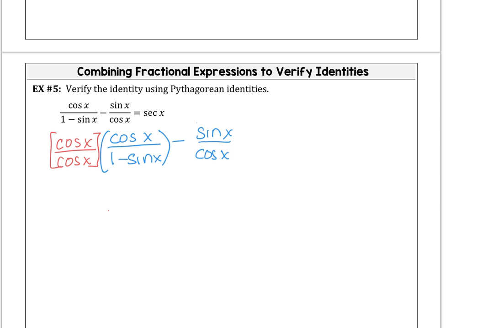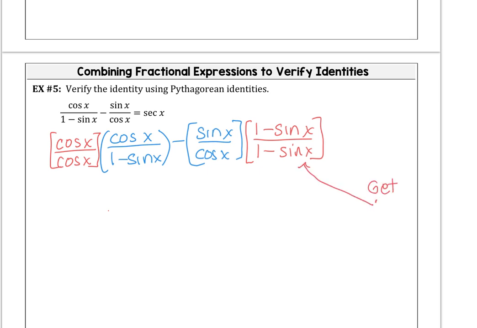So we want to multiply this fraction by the other denominator, which is 1 minus sine divided by 1 minus sine. So this is how we're getting that common denominator. And I want to know, is that really equal to the secant of x?